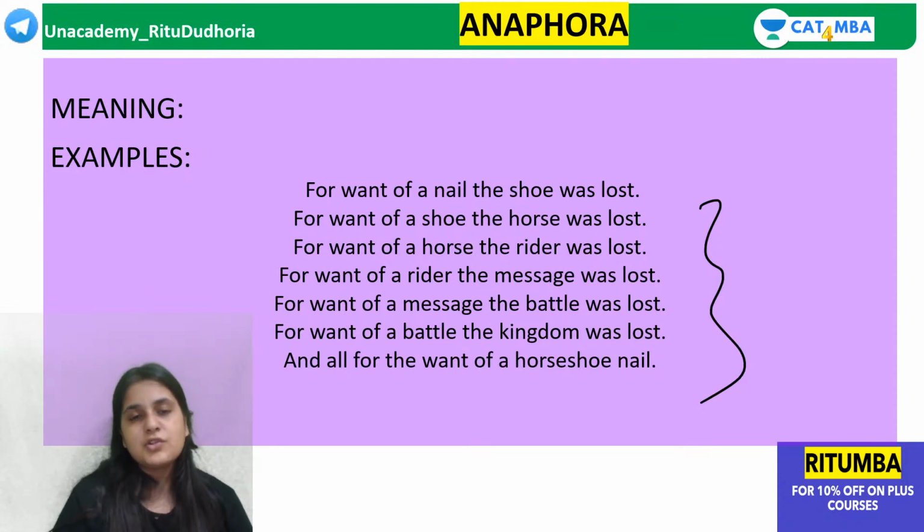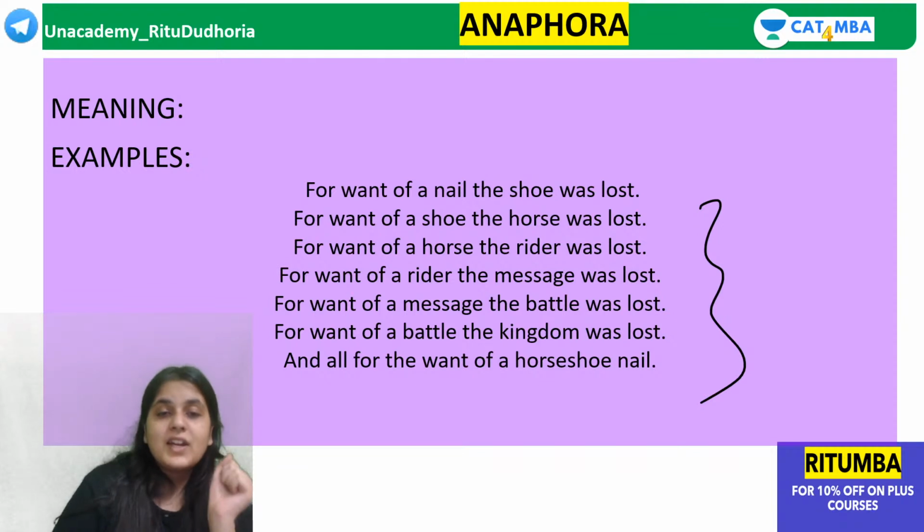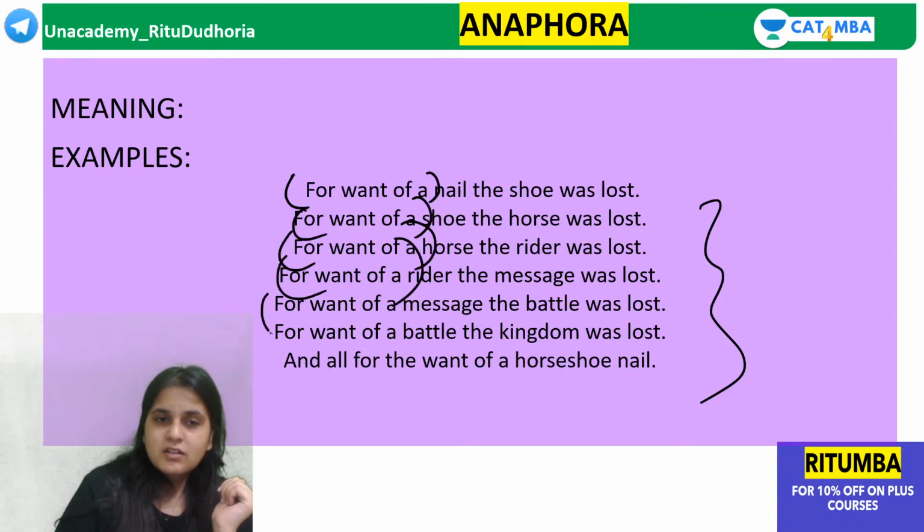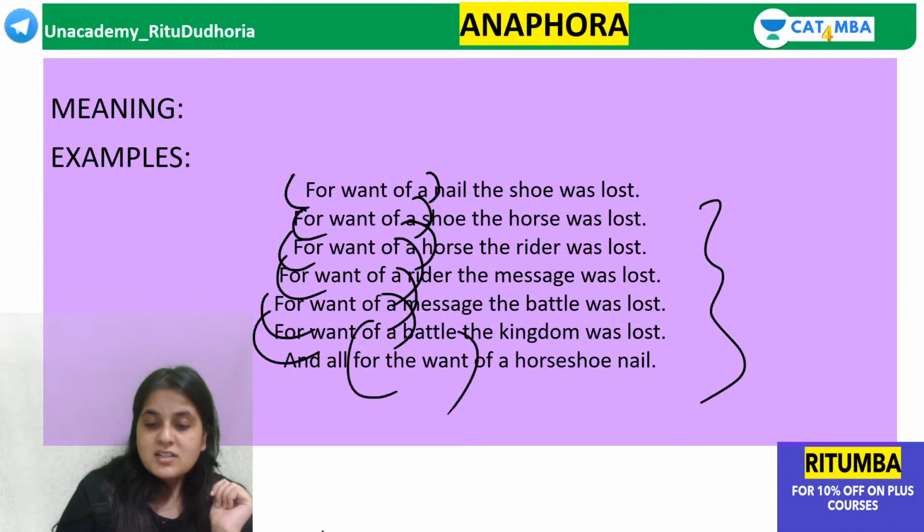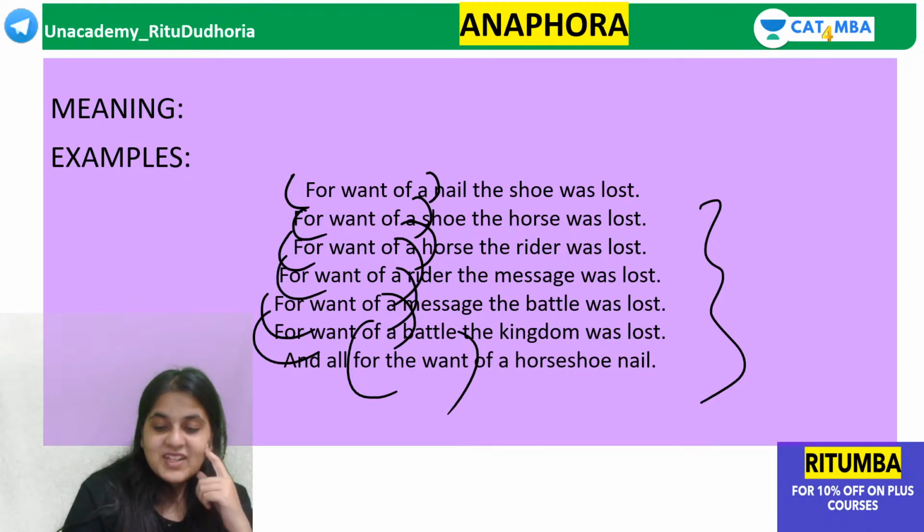For want of a nail, the shoe was lost. For want of a shoe, the horse was lost. For want of a horse, the rider was lost. For want of a rider, the message was lost. What do you see? We see a trend here. What is this? Rhyming?